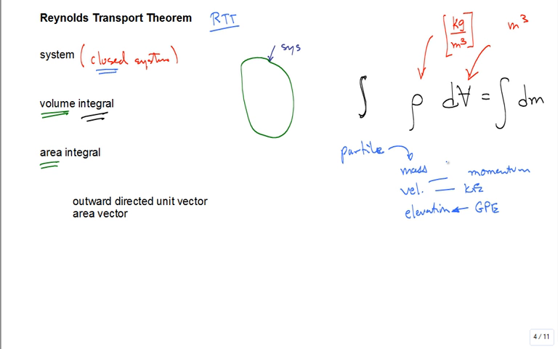Do you remember that? Linear momentum has a symbol, sometimes people put a P on it, and it's mv. What physics class did you take where they described the momentum as a vector?